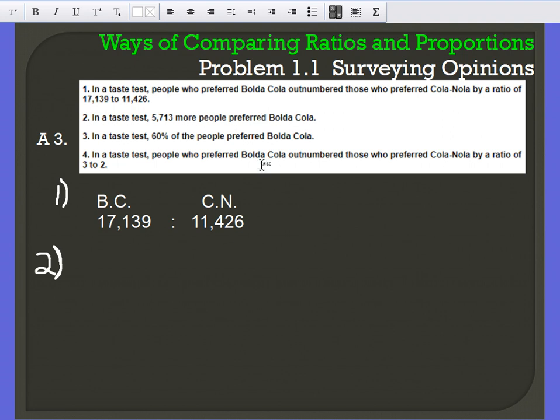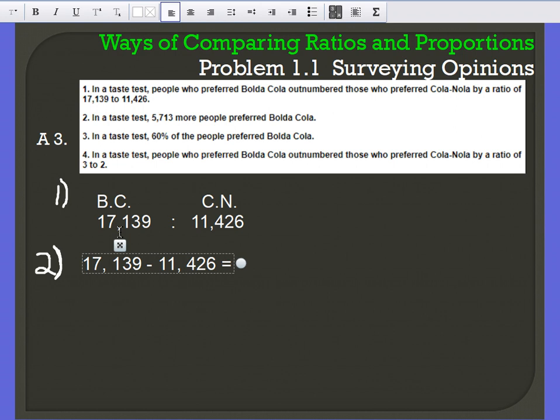There's only 2 numbers we're comparing, Cola-Nola and Bolda-Cola. So this must mean that 5,713 more people preferred Bolda-Cola over Cola-Nola, which means we now need to subtract the 2. So we need to find the difference between the 2 and see if statement number 2 actually makes sense.